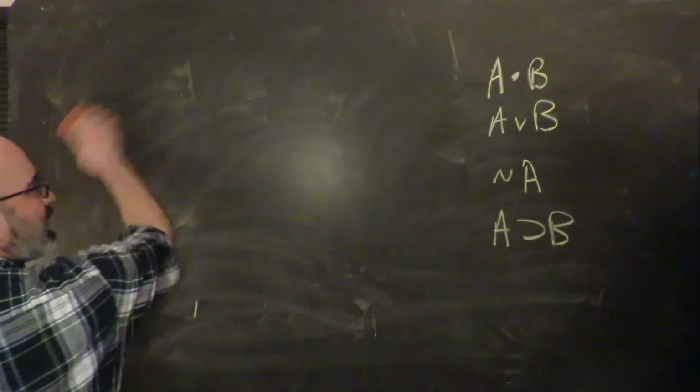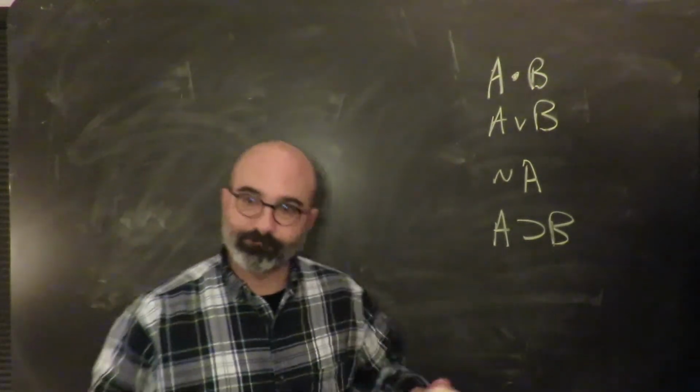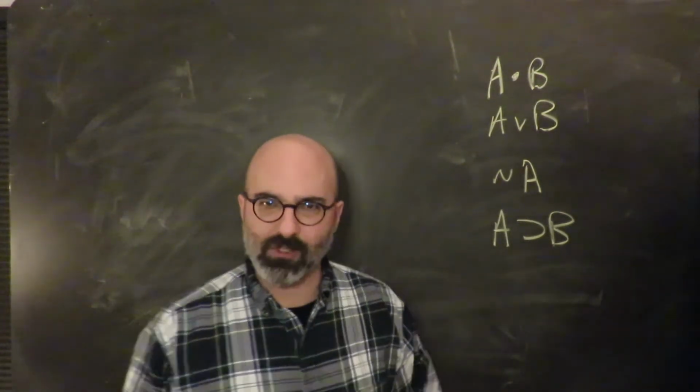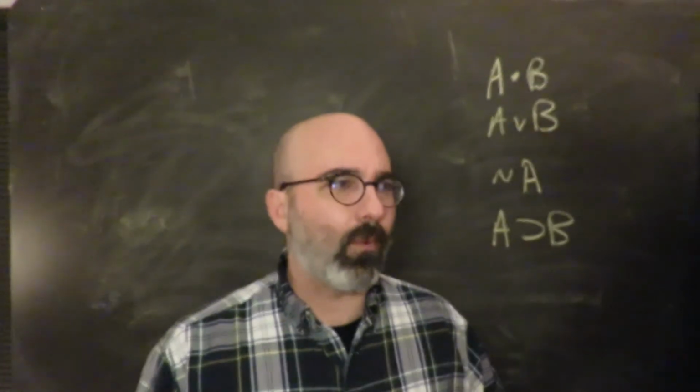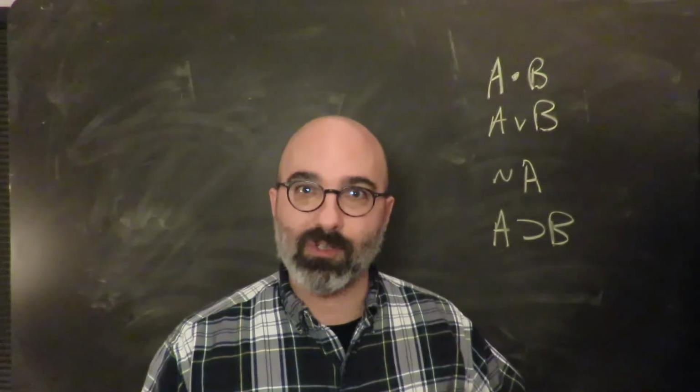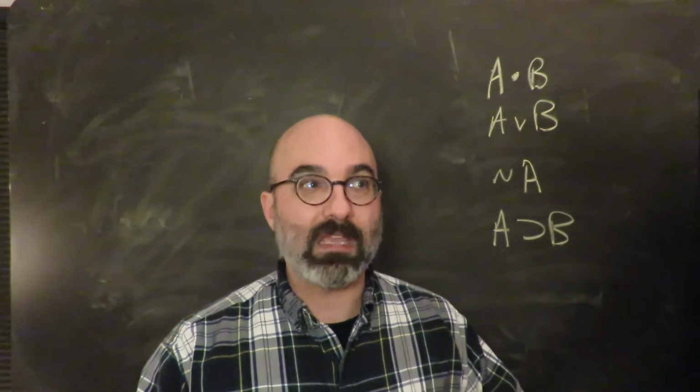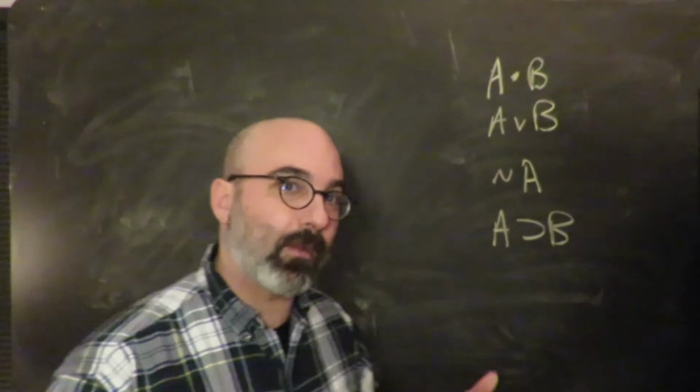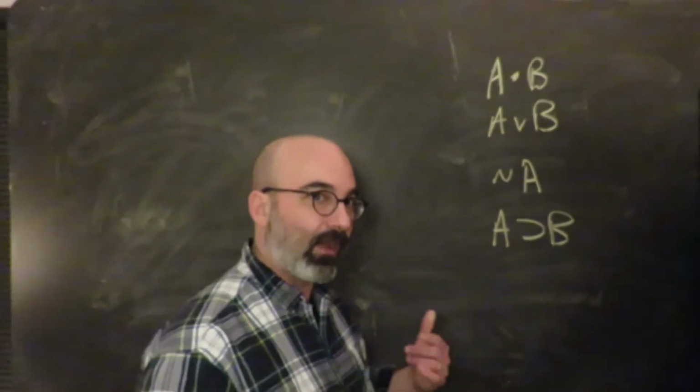Okay, so now we've got one last one. And the last one has a kind of unique feature to it, because it is one of the ways that we think of guarantees that we give to each other, one way that we think about how definitions work, and it's what's sometimes called the biconditional. We say if and only if.